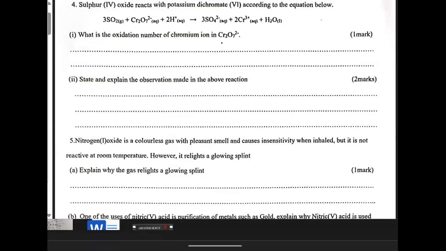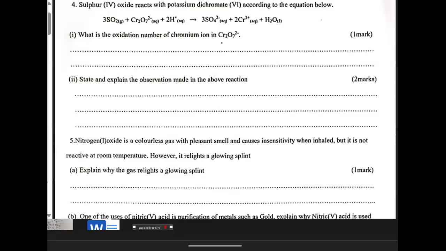And the name of a compound is given using the oxidation number. When we say iron 2 oxide, the oxidation number of iron is 2. Iron 2 sulfate, the oxidation number of iron is 2. Potassium dichromate 6, the oxidation number of the chromium there is plus 6. Potassium manganate 7, the manganese in that is 7.